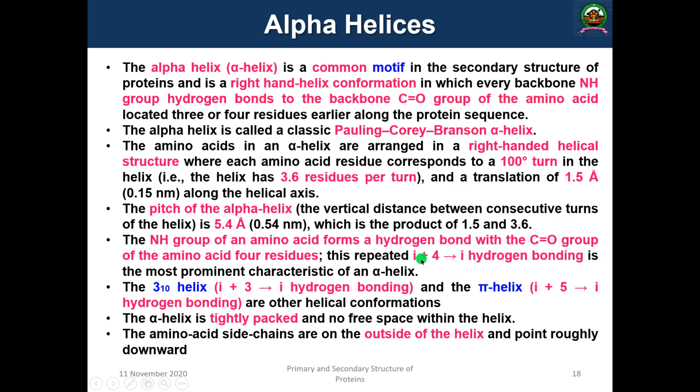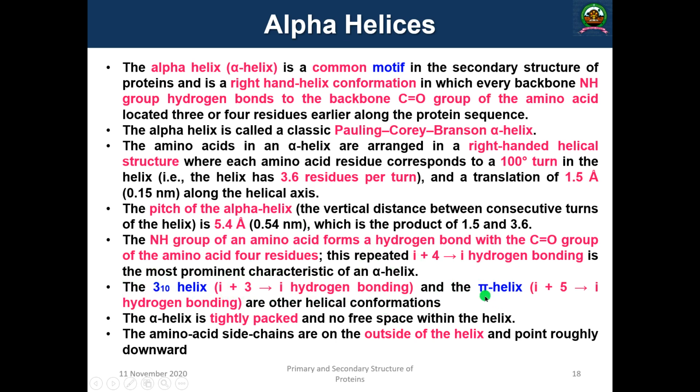That is the most prominent characteristic of the alpha helical structure. If it is a 3-turn helix, it is i to i+3 hydrogen bonding. Instead of the fourth residue, the third residue will be involved in the case of 3-turn helices.